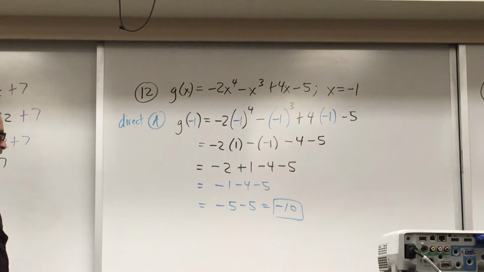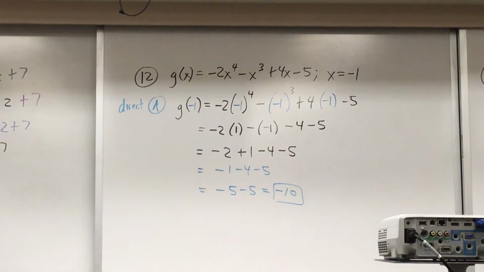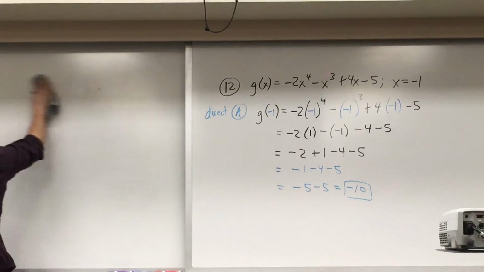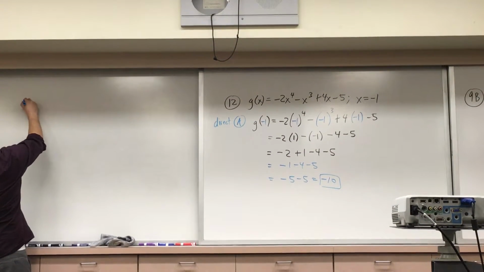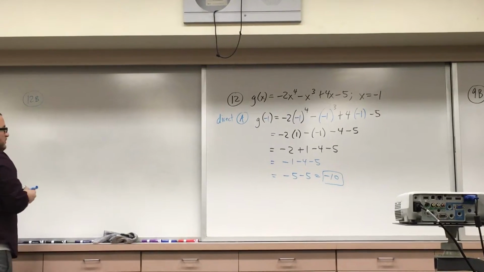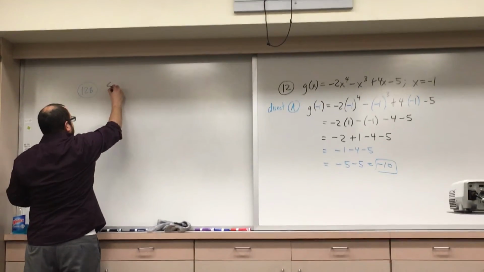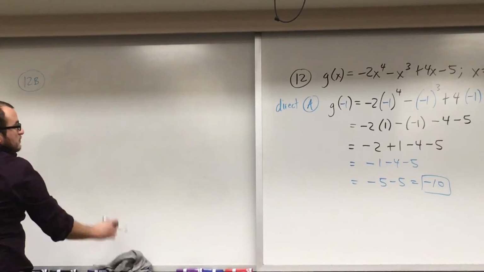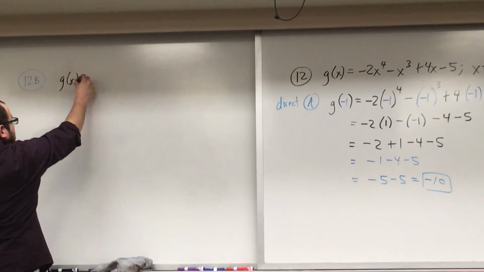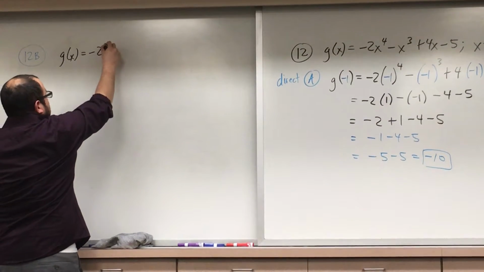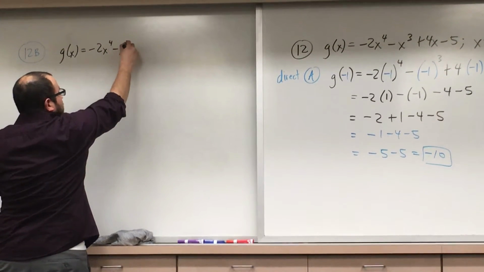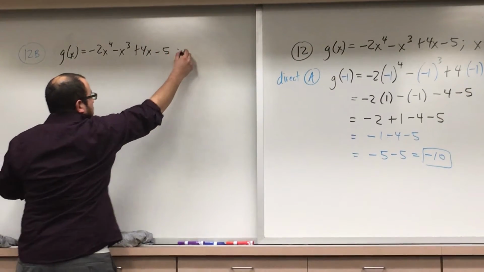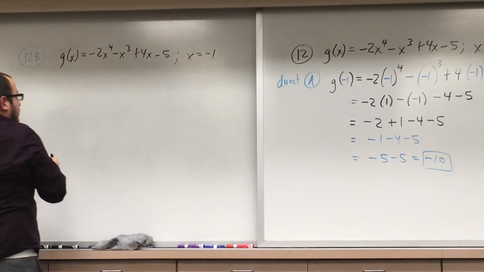Okay. All right, I'm going to erase this one. This is now 12b. G of x gives me -2x to the 4th minus x cubed plus 4x minus 5, x equals 4.